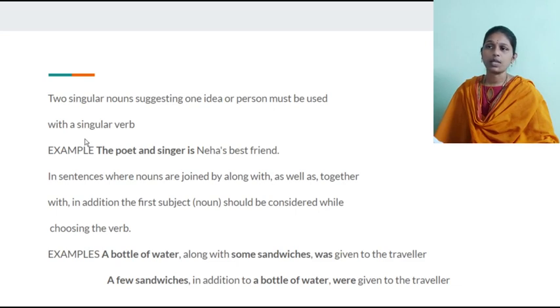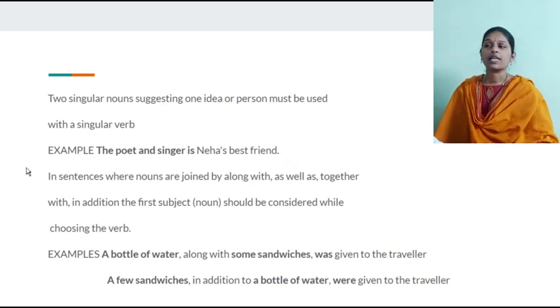For example, the poet and singer. These two qualities refer to one single person. The poet and singer are one and the same, referring to one single person. So we used a singular verb here: the poet and singer is Neha's best friend.